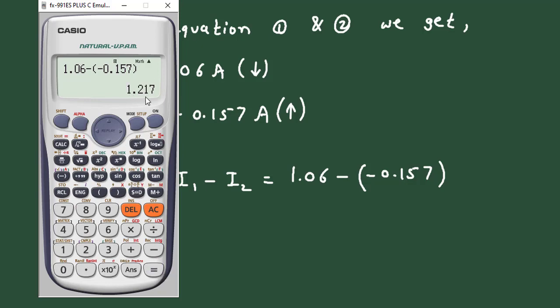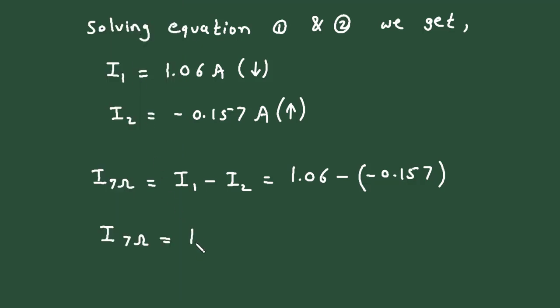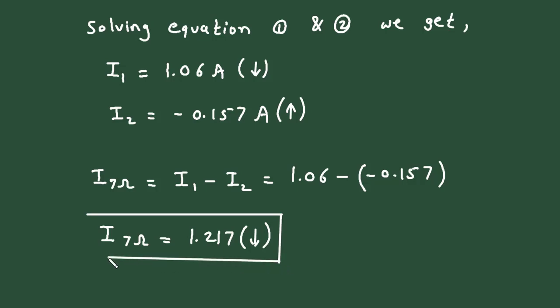So it is 1.217, and the direction will be of this I1. So this is how we can find the current through resistance by using mesh analysis method.